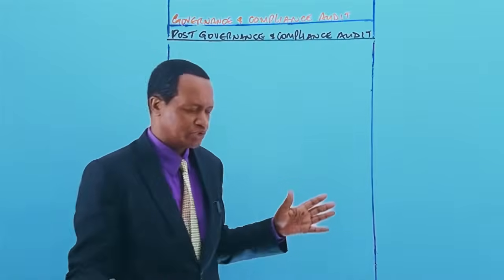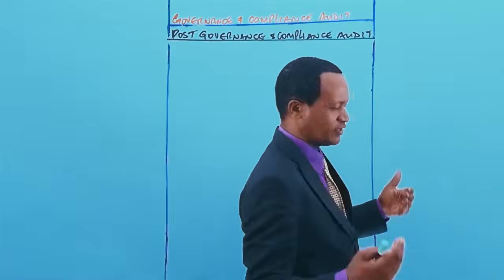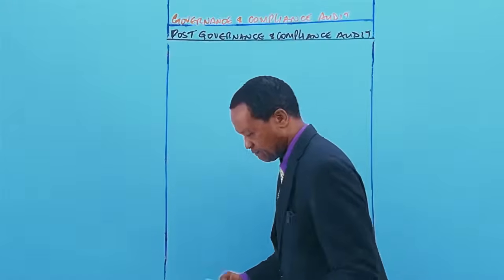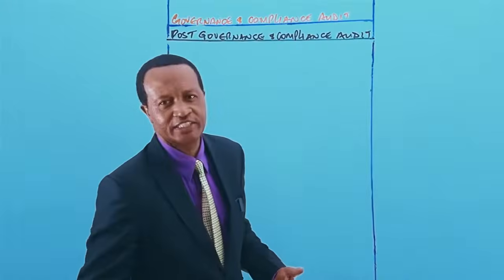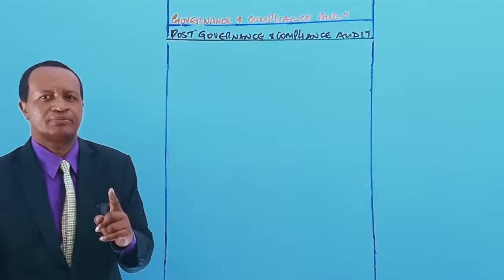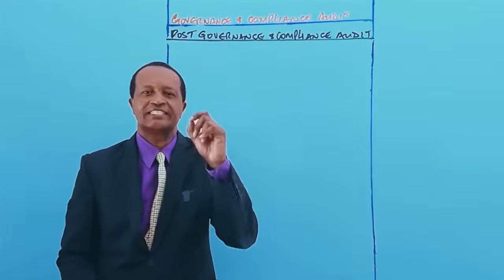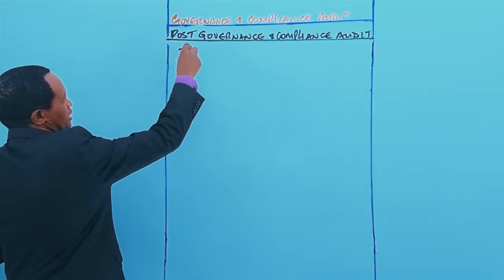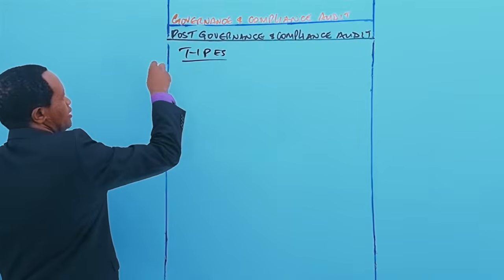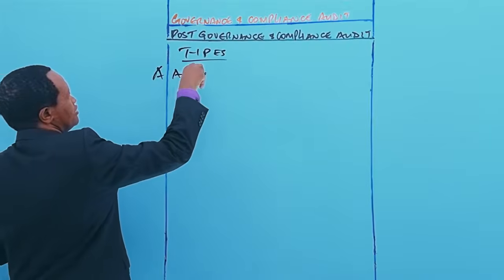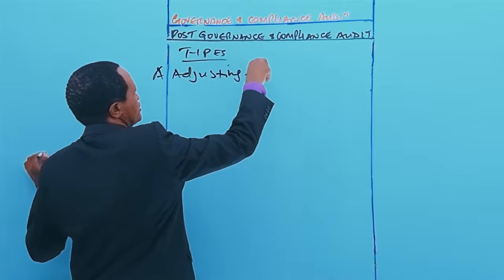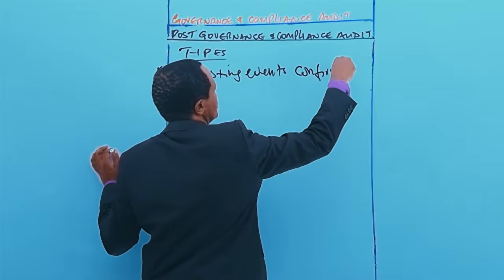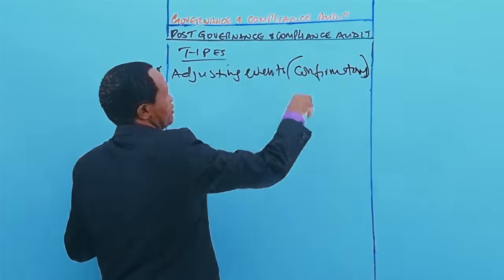That's why in our last session we said that subsequent events can be categorized into two: the adjusting and the non-adjusting events. There are two types. Type 1 is adjusting events. This is confirmatory.